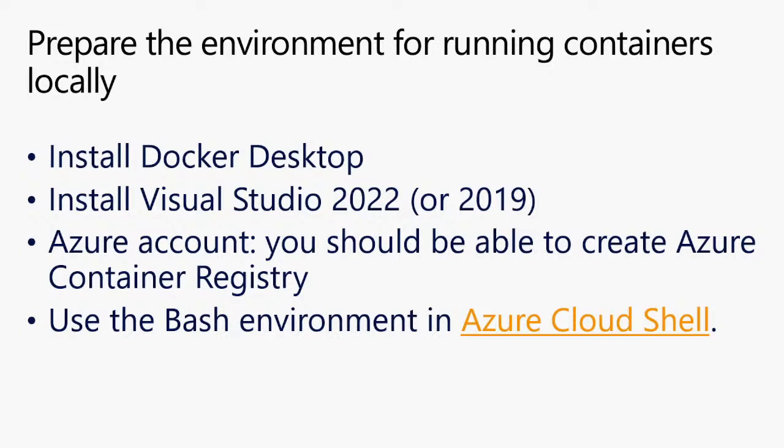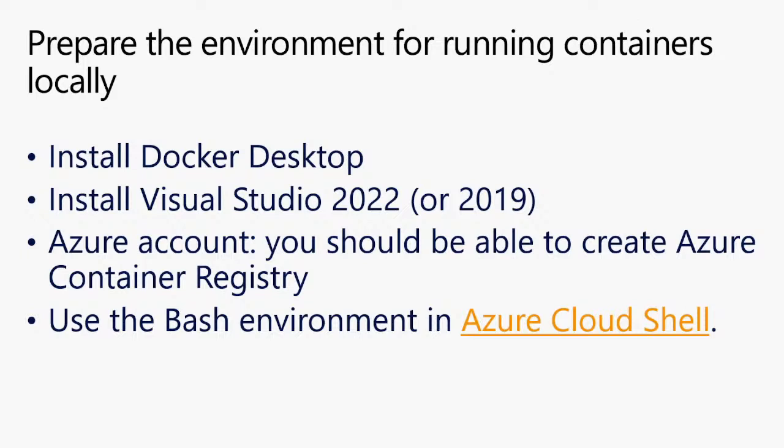During our demo, we will use the latest version of Visual Studio 2022, and we will create an application using the .NET 6 framework. So we also need an Azure account, where we are able to create an Azure Container Registry.